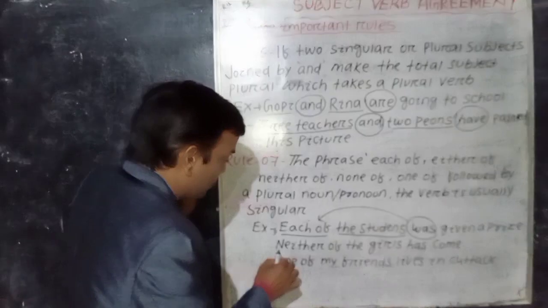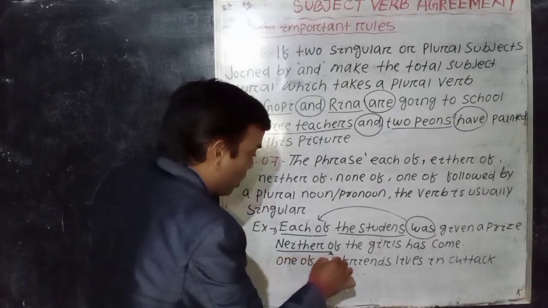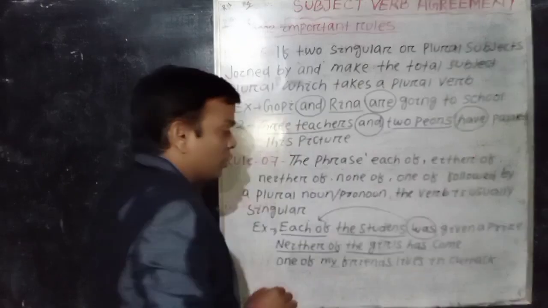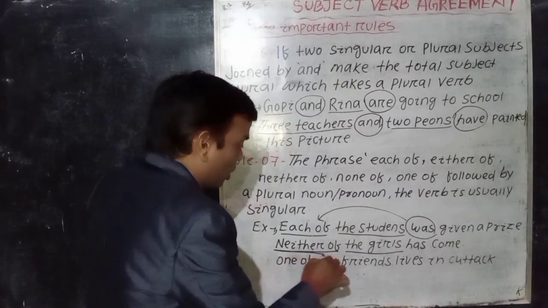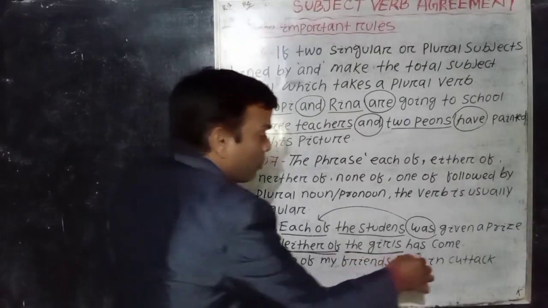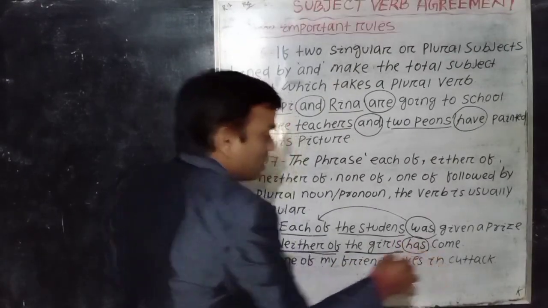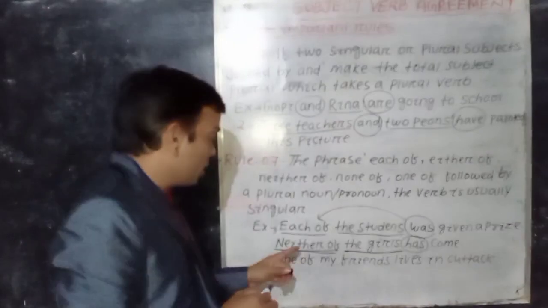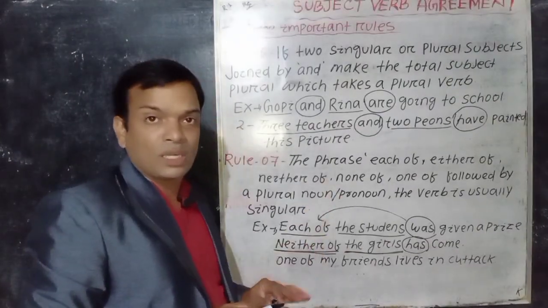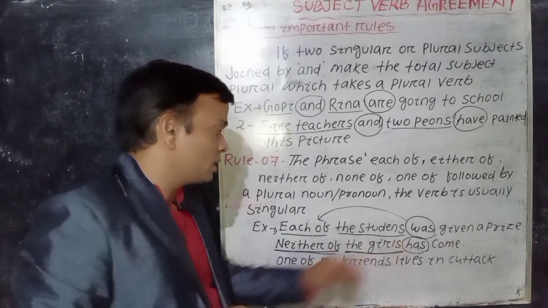Clear? Same, please see neither of, this particular phrase, then the noun the girls. After this phrase the noun the girls is plural, but we have used the singular verb has. Why? Because neither of always refers to a singular subject, so the verb is singular.